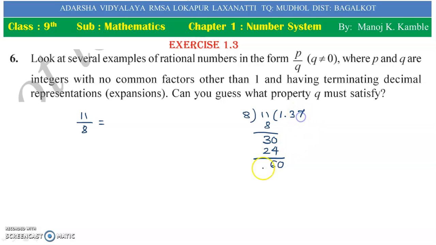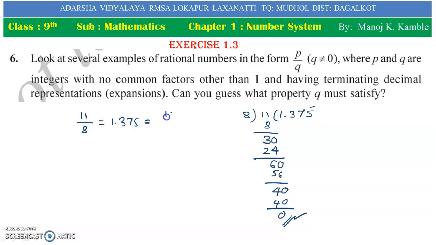So 8 sevens are 56, remainder is 4, it becomes 40. Next 8 fives are 40, remainder is 0. Once again remainder is 0 here, so it becomes terminating. The value becomes here 1.375.